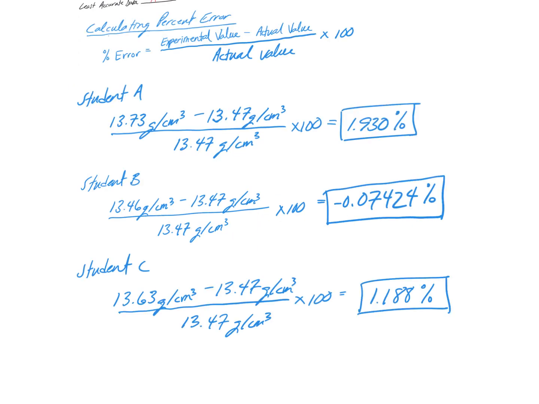All right, I've done all of these calculations. I took the experimental value minus the actual value, divided by the actual value, times 100. And I found the smallest percent error, of course, was student B. You might also notice that I stuck with the correct number of significant figures.